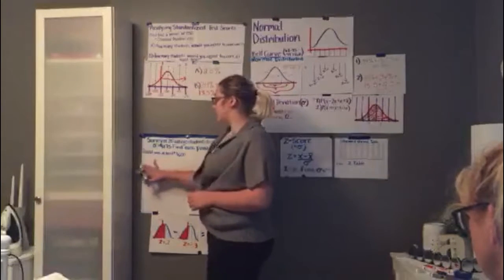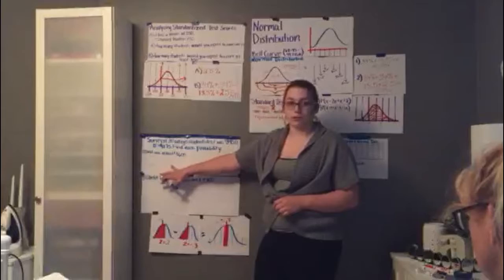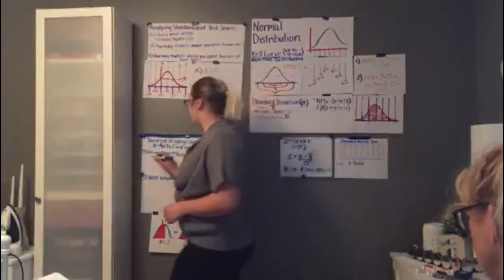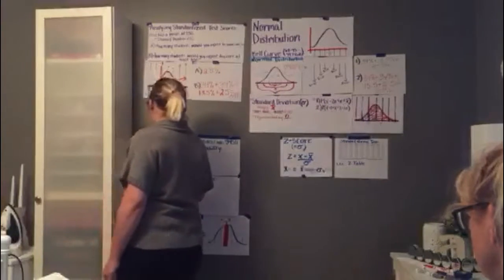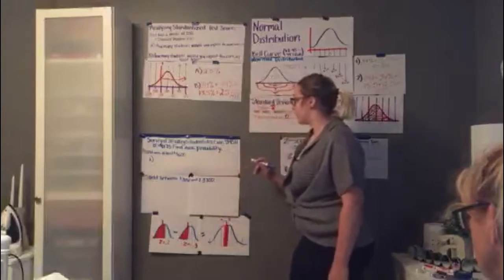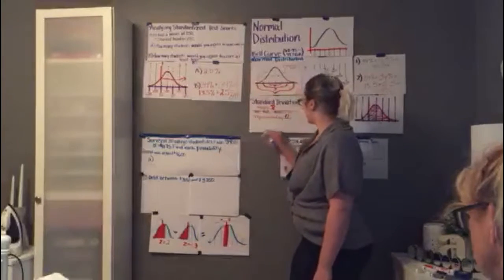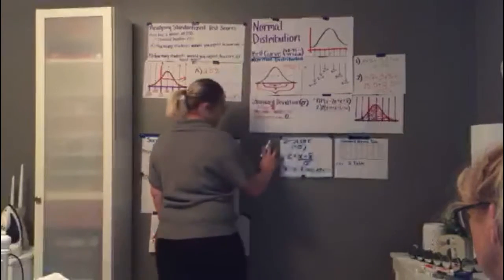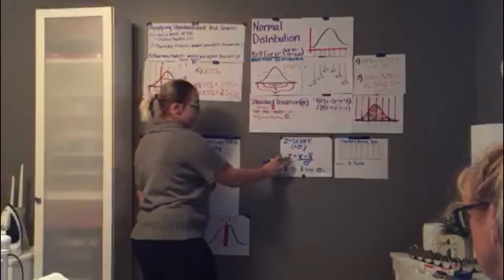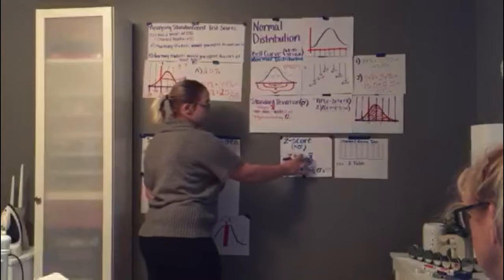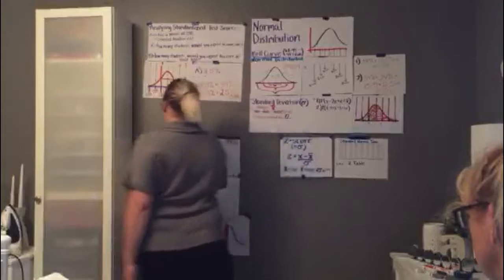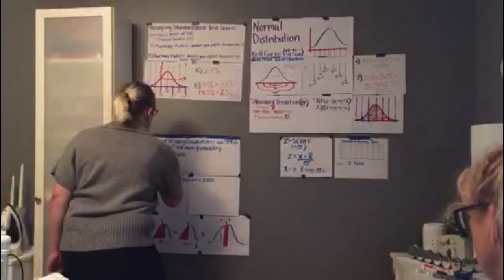So, first we're going to solve for our z-score. Over here is our z-score equation. So we're having z is equal to x minus x bar over sigma. So I'm just going to rewrite that over here.